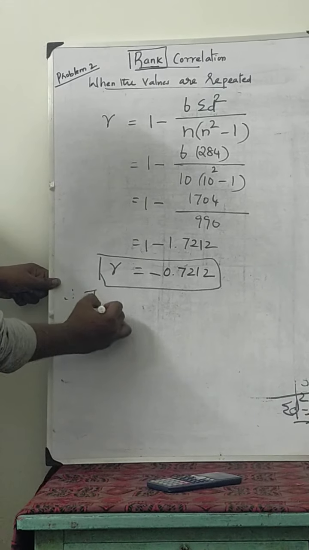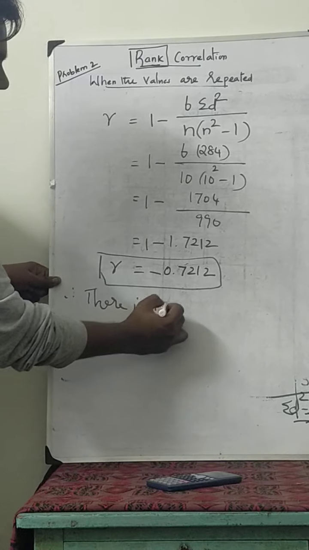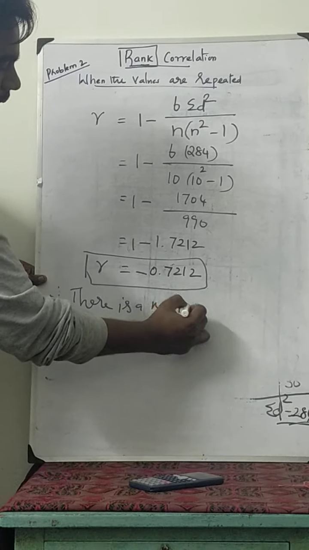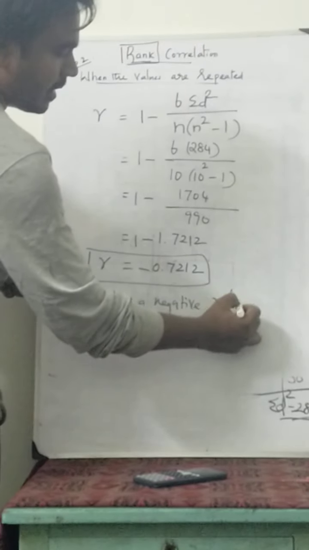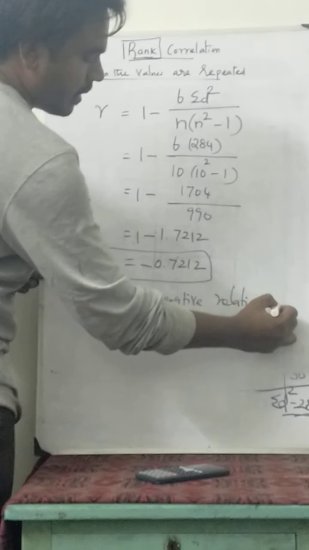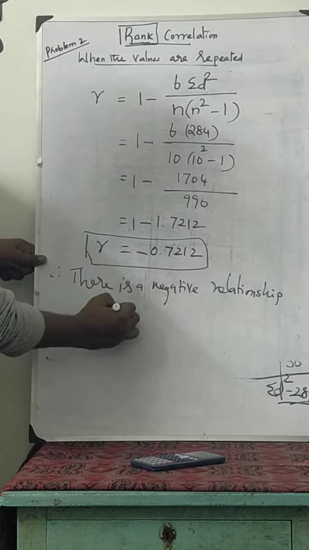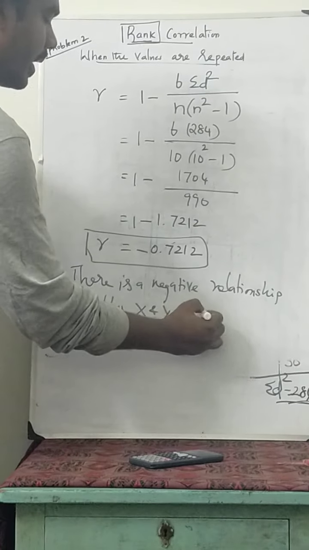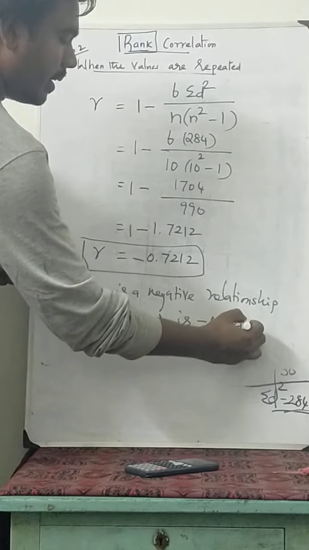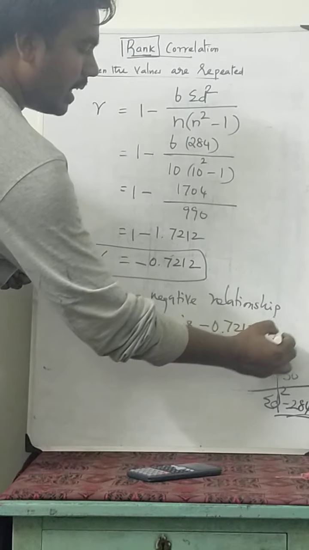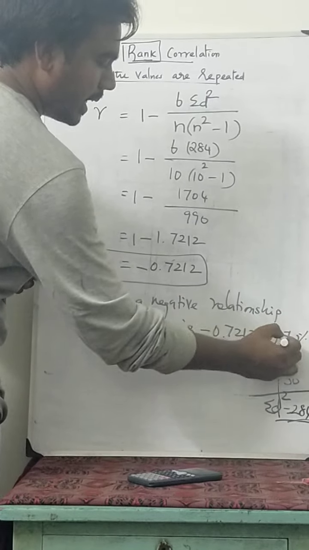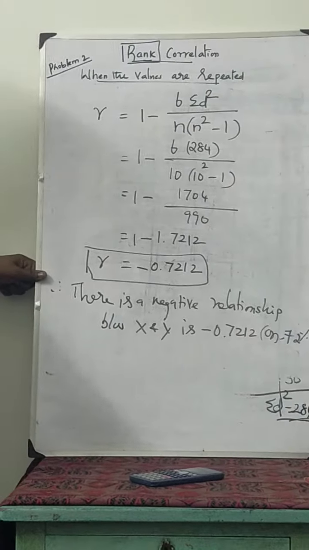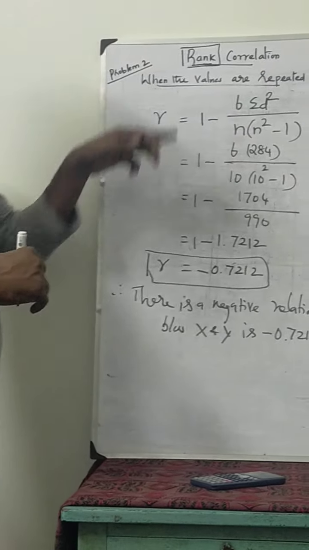There is a negative relationship between x and y of minus 0.7212, or we can say 72%. This is the way to interpret every problem under rank correlation.